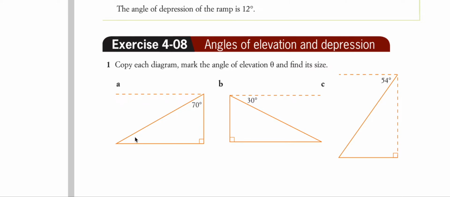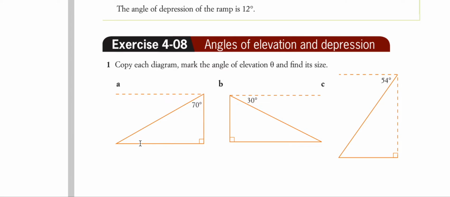Now what size is theta going to be? Well, we know that the angle sum of a triangle is 180 degrees. So if we add up all of the angles inside the triangle, 70 degrees plus 90 degrees plus theta, we have to end up with 180 as our sum. 70 plus 90 is 160, so what's left over to make 180? 180 minus 160 is just 20.